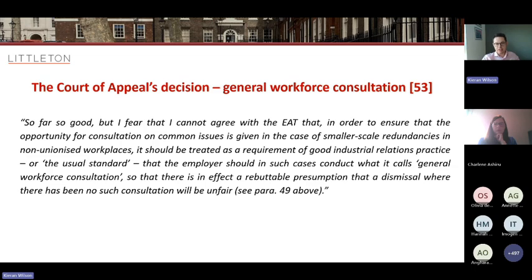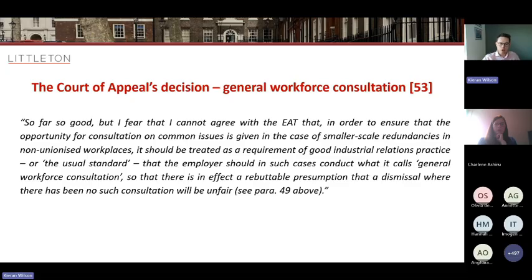And the second main reason that Lord Justice Underhill gave for rejecting the concept is that it just wasn't clear enough what was meant by general workforce consultation. And if an employer was going to be required to implement that in order to ensure the fairness of dismissals, there needed to be sufficient guidance either in the case law or in something like ACAS guidance, and the EAT hadn't provided that.